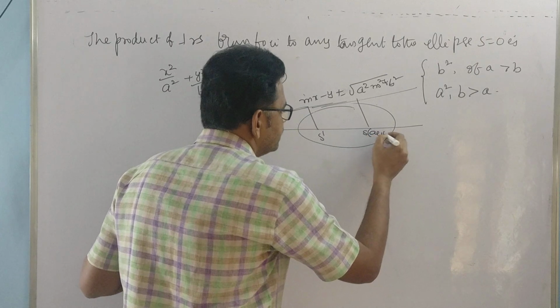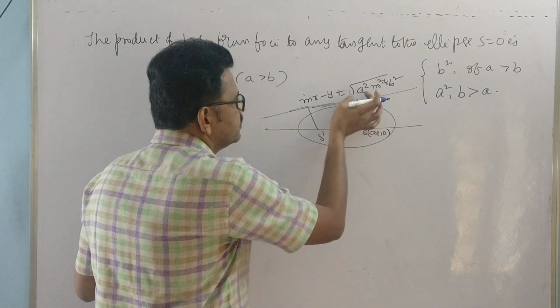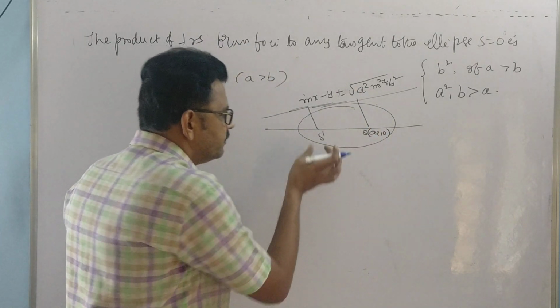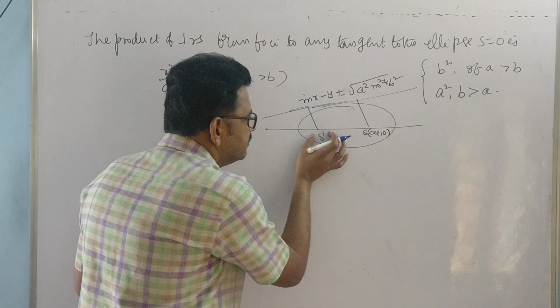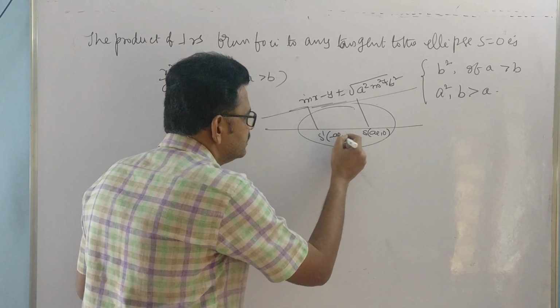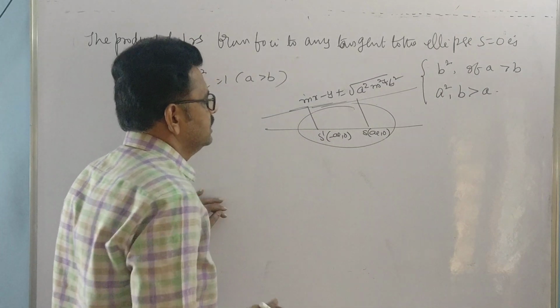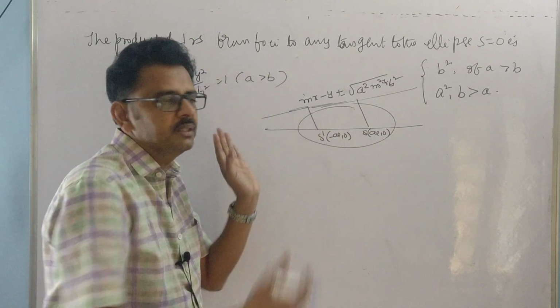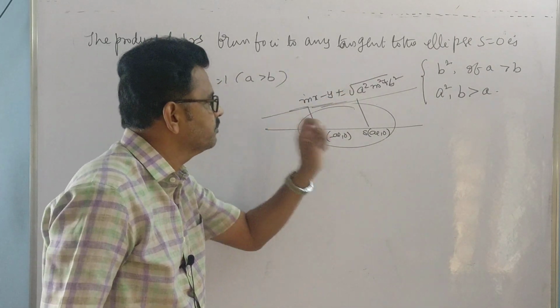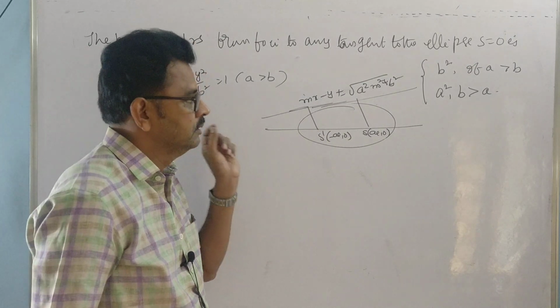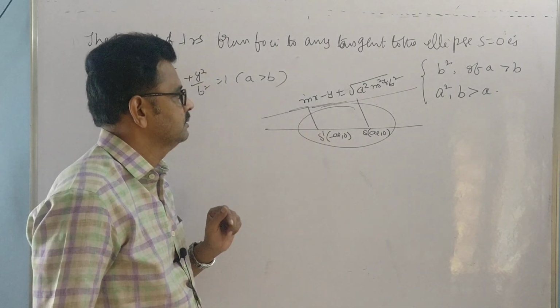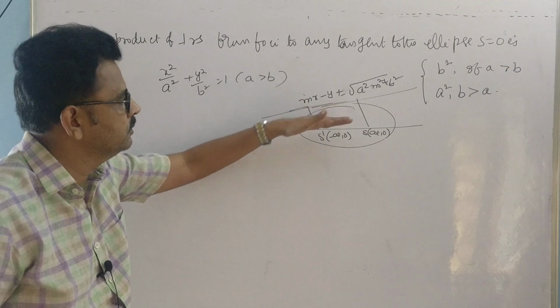Find the length of the perpendicular from (a, 0) to this tangent, and the length of the perpendicular from (minus a, 0) to this tangent. If you multiply these two, you get b square. That is one process, but it is too lengthy.